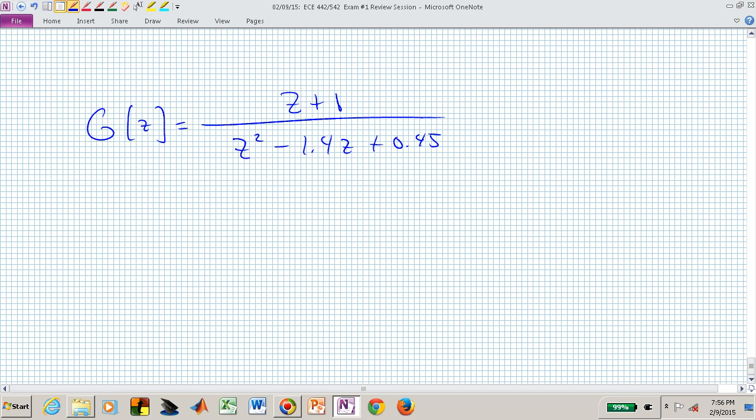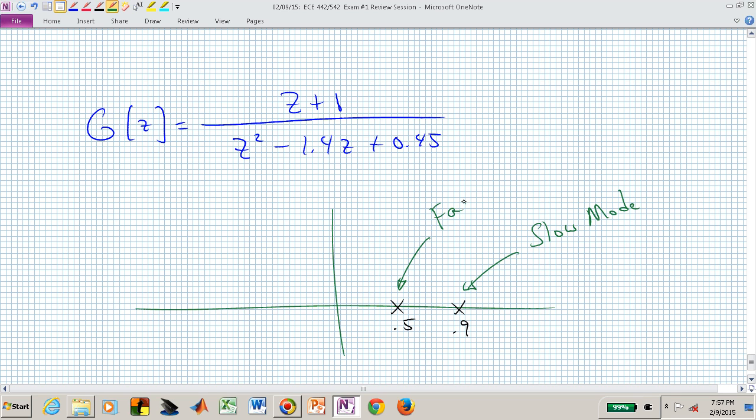And then, so in this case, you could say, oh, here is my system. I have a pole at 0.5 and I have another pole at 0.9. Here is the slow mode. And there's the fast mode.